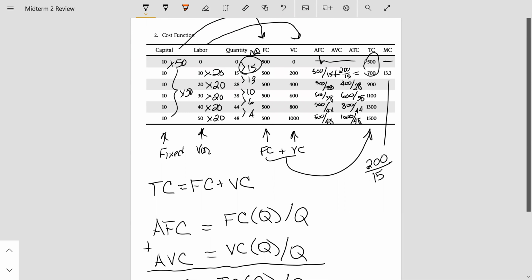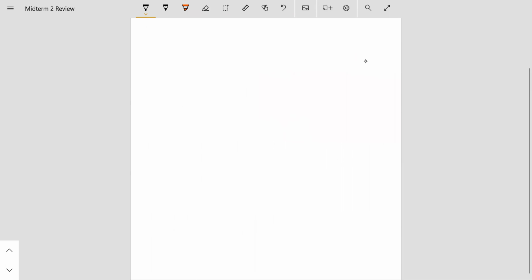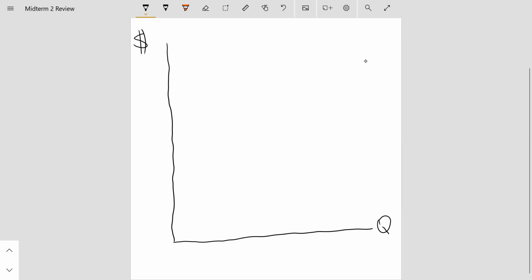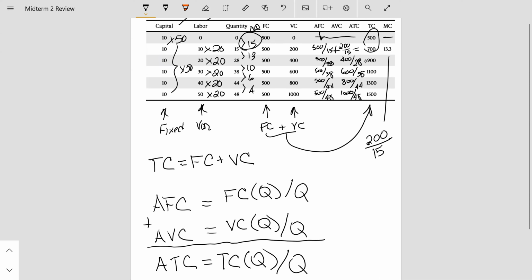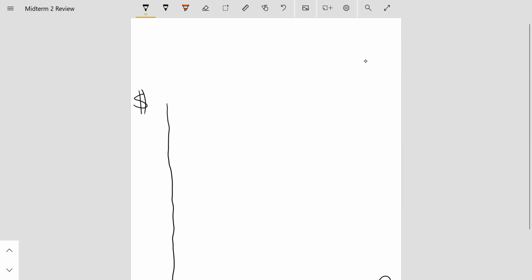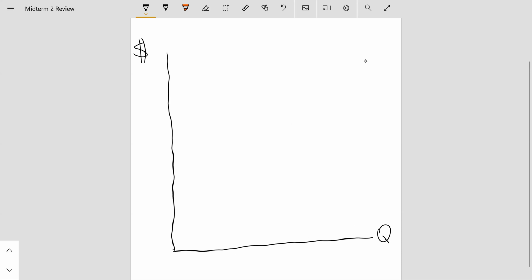Just something I want to point out because of the nature of these things. Here's quantity. Here's dollars per something. And so see total cost is increasing as quantity increases. And so maybe it looks something like this.